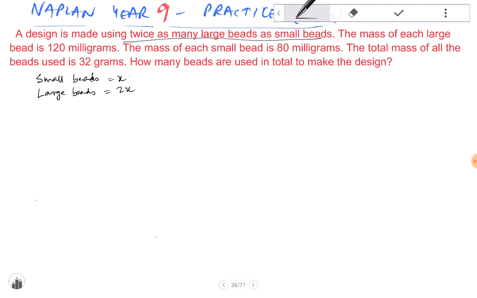The design is made using twice as many large as small beads. So the design is made of large plus small beads, which is 2 times X plus X. So the design is 3 times X. So the total number of beads used to make the design would be 3 times X.